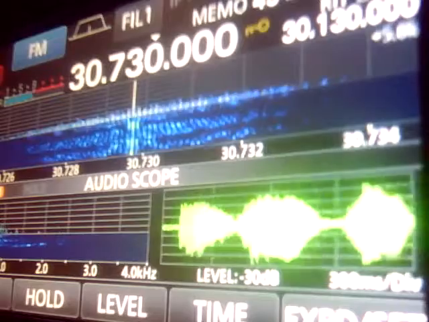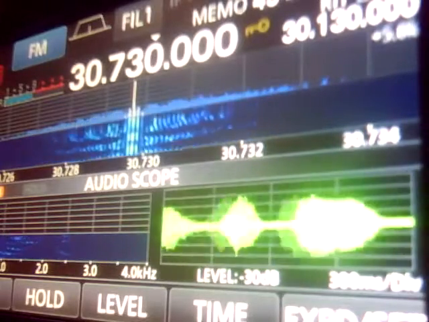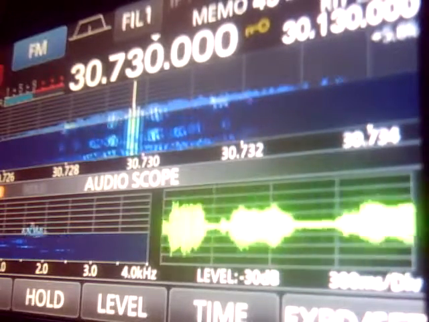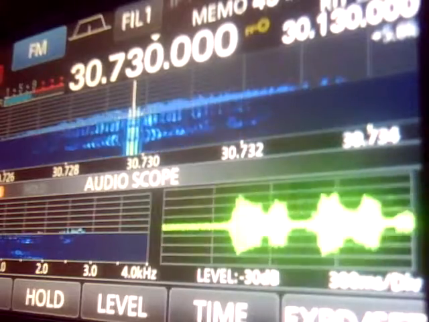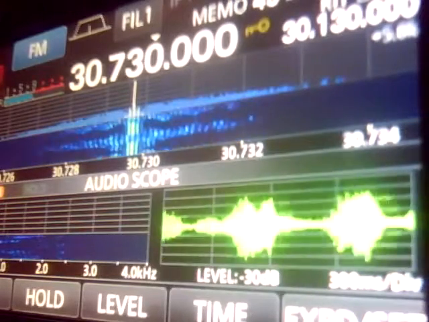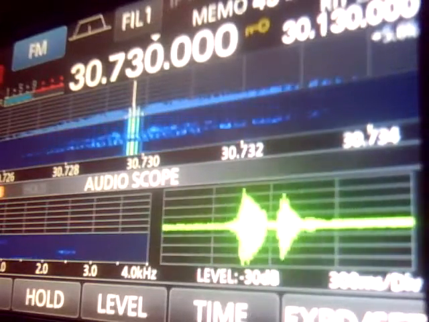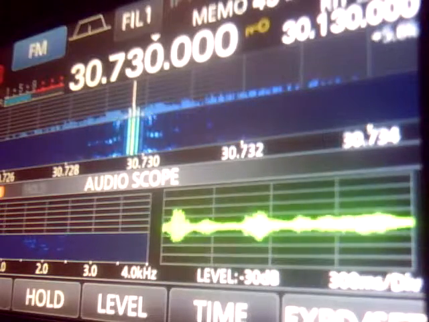I will also go with D Delta, and then it's over to KB1IVE Mobile from KK6NCU.